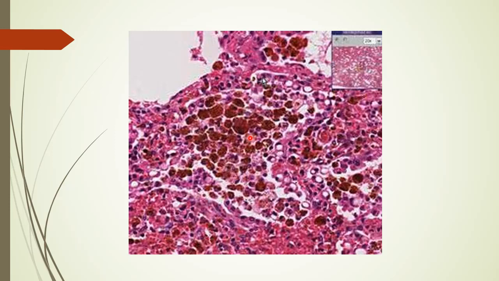The heart failure cells are large cells with vesicular nuclei and contain in their cytoplasm engulfed red blood cells with their degradation products, which is brownish hemosiderin pigment granules. This is the alveolar septa here, which is thickened.